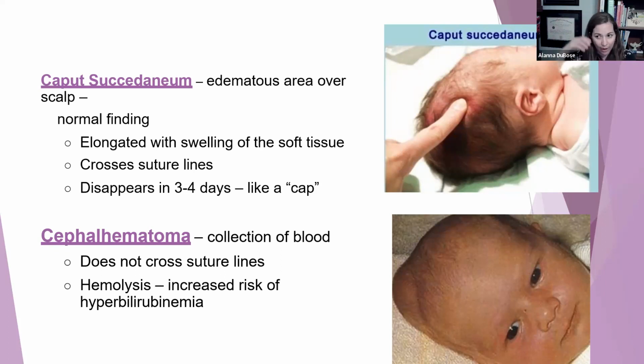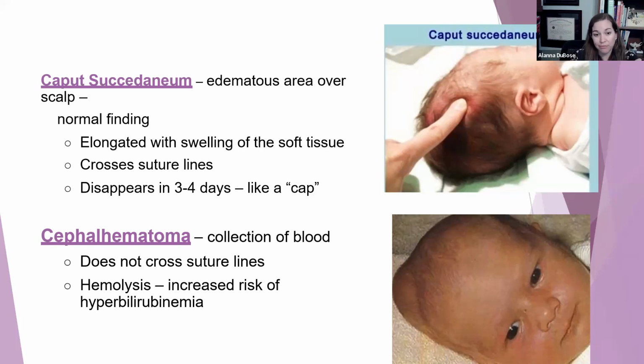So what happens is it just continues to bleed until it reaches the edge where it's encapsulated by the layers of tissue there, all the way to the edge of the suture line, and it swells out but doesn't cross over until hopefully the bleeding is stemmed by the pressure that is building there. However, you can see the skin stretches quite a bit and they can have quite a big bleed under there.